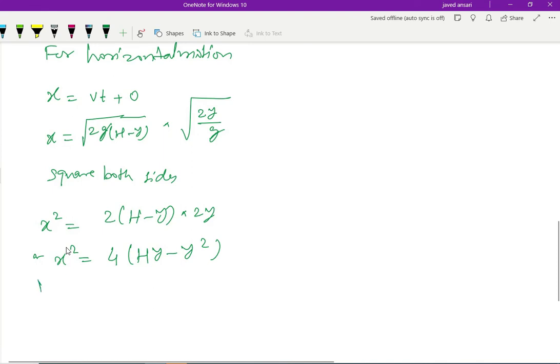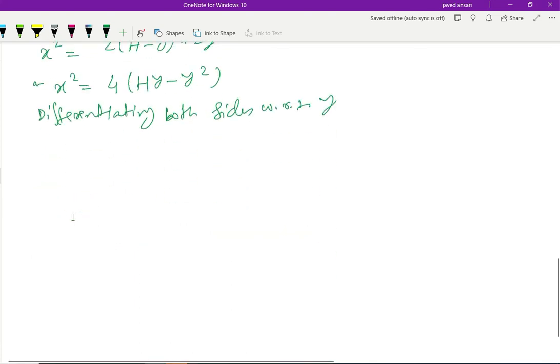Differentiating both sides with respect to y, what you will get? 2x into dx by dy. I hope you know this; it is a very primitive differential equation, there is nothing complex here. Equal to 4 times (h minus 2y).